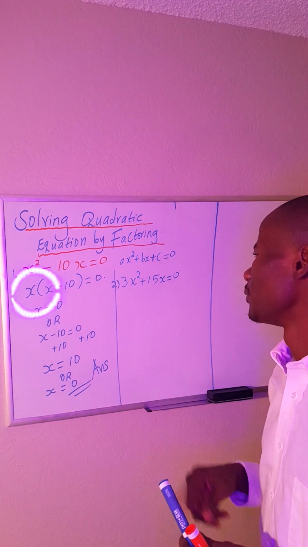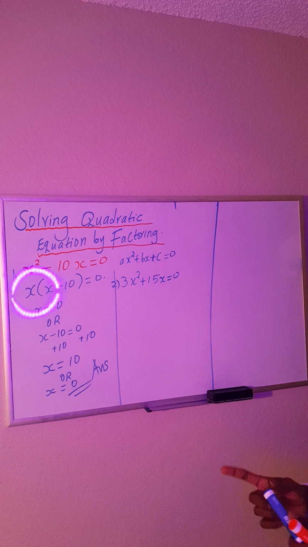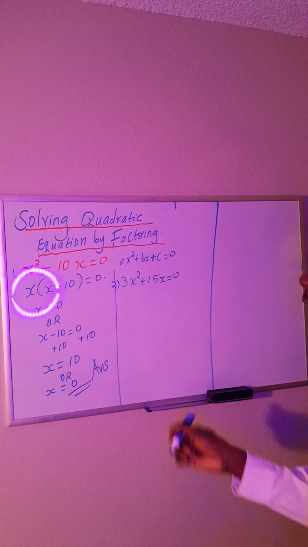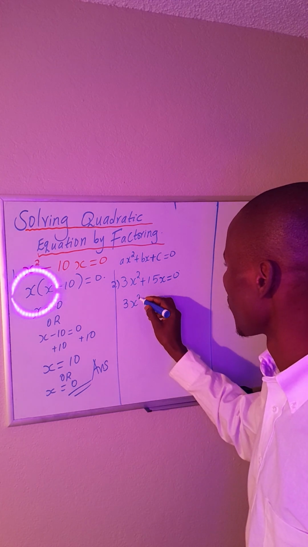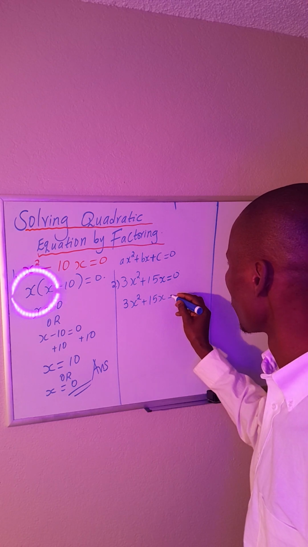What do we have? Can we factor? Yes, because 3x is a common factor. So I'll write this as 3x squared plus 15x is equal to 0.